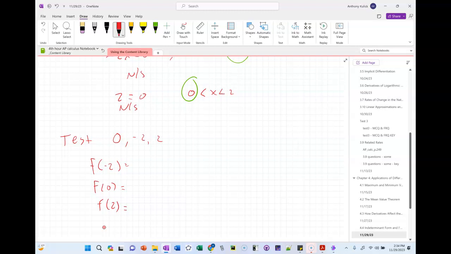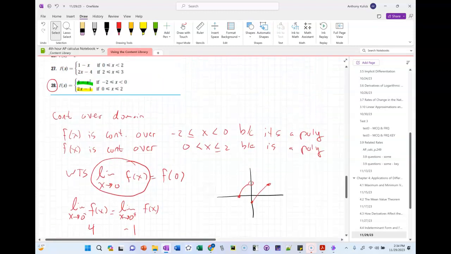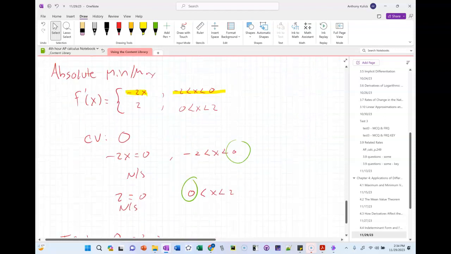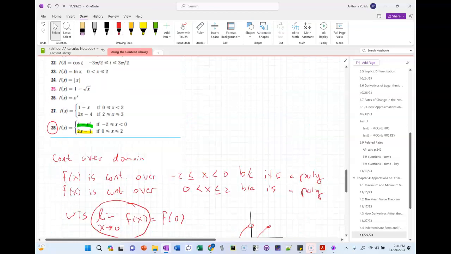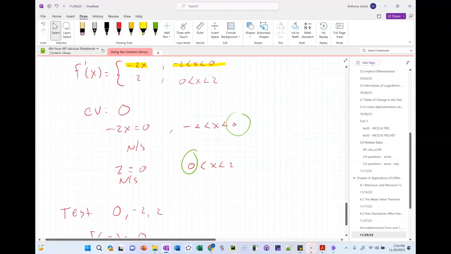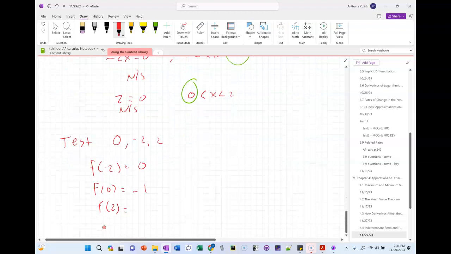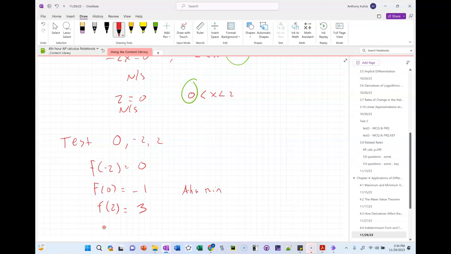So -2, when I plug that in, I get 0. 0, when I plug that in, I get -1. And 2, when I plug that in, I get 3. So the absolute minimum value is -1. The absolute maximum value is +3.